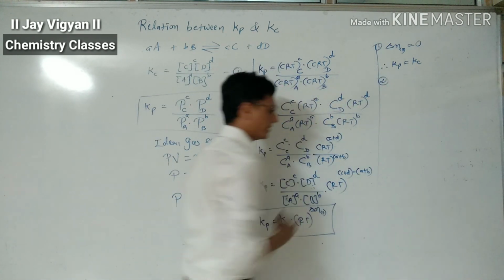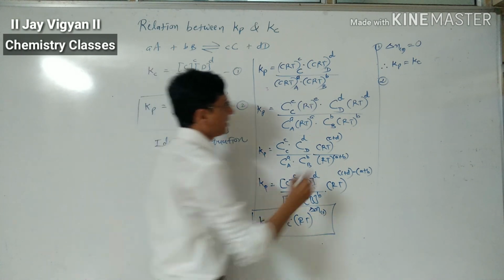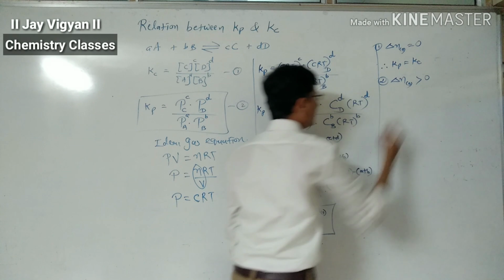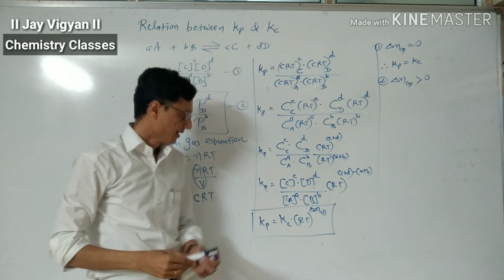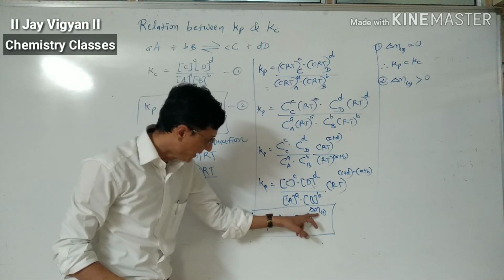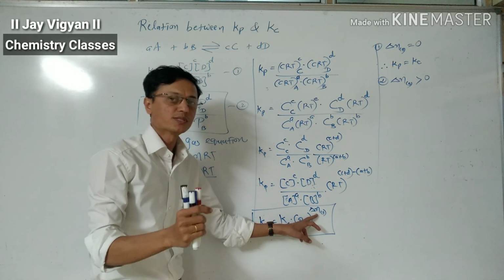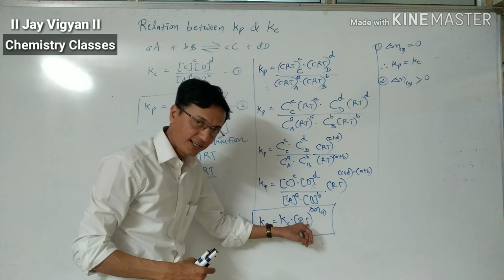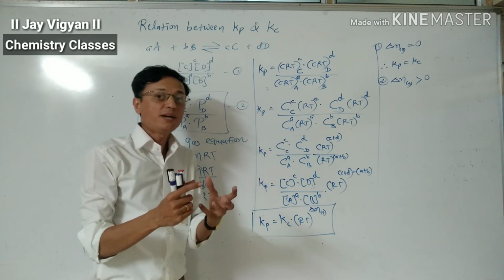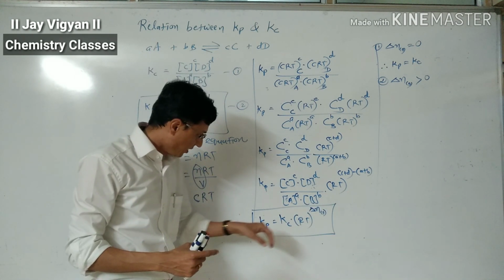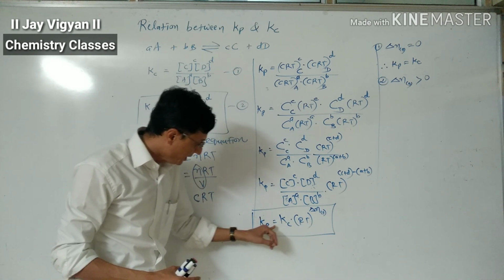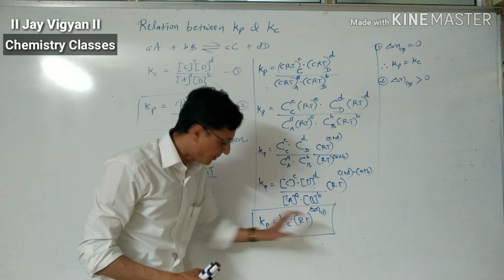If we imagine that delta Ng for any reaction is greater than 0, suppose it is 1, that means RT raised to 1 will have some value, and Kp will be equal to Kc multiplied by RT.